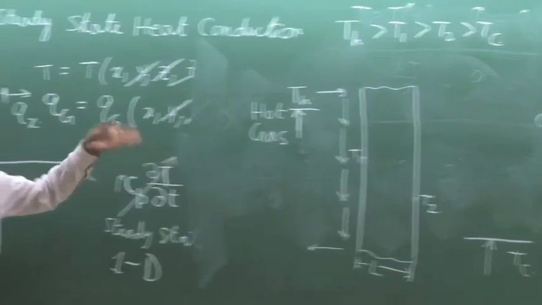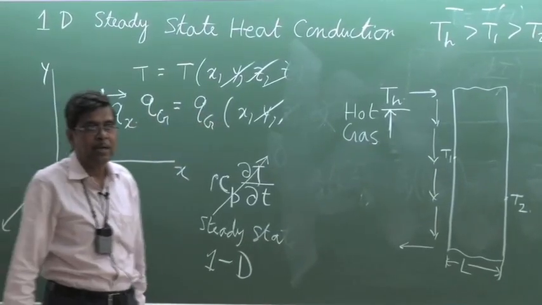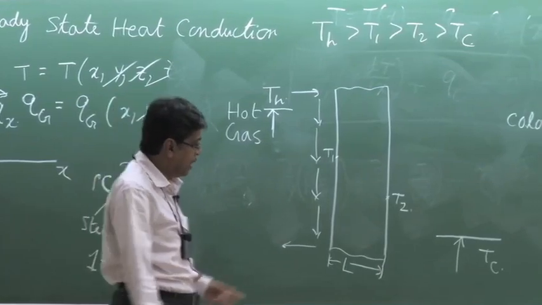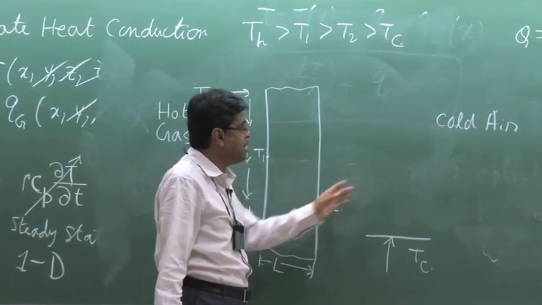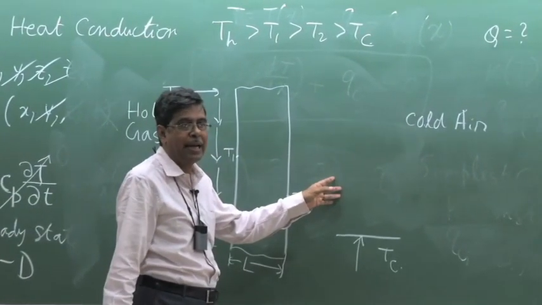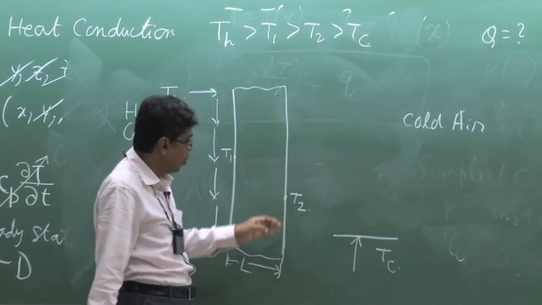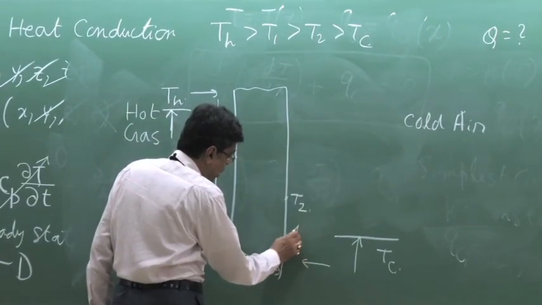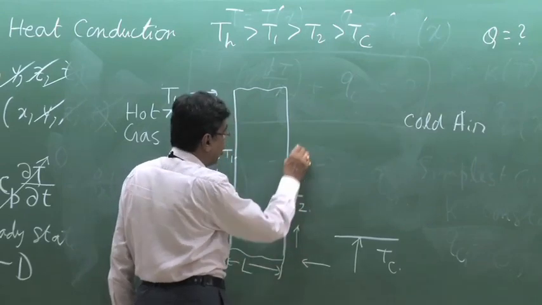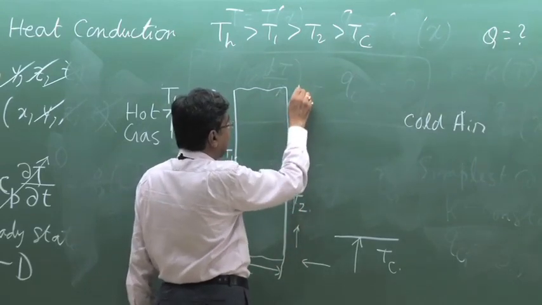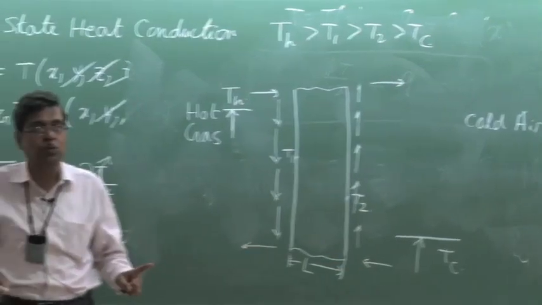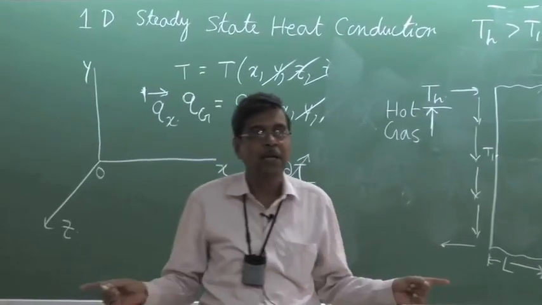This will be discussed in detail when we take up convection heat transfer. Now this surface is exposed to quiescent cold air, where the surface is hotter than the cold air. So there will be a natural, buoyancy-driven flow of air like that. This flow, even in the absence of any forced flow, makes this different from conduction.